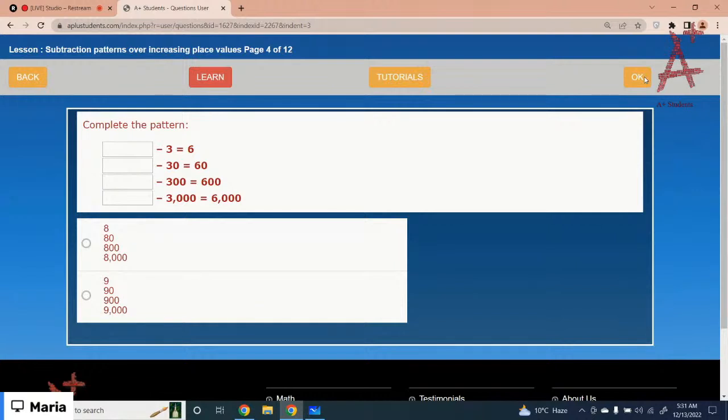So the pattern is 9, 90, 900, and 9000. Got it? You have to write the zeros as they are. Just subtract the number, because for all the numbers, 9 subtract 3 is 6. Okay, just select the correct option and click on the OK button.